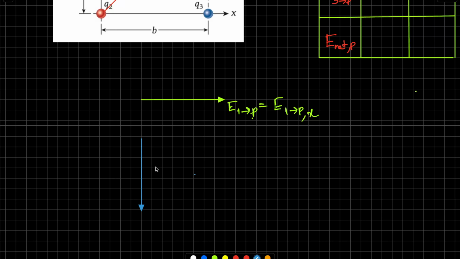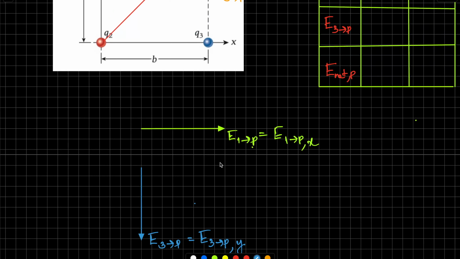It is on the negative y-axis, right? This is pointing vertically downwards on the negative y-axis. So there is no x component for this one, only a y component, right? So this is equal to the E3 at P y component.